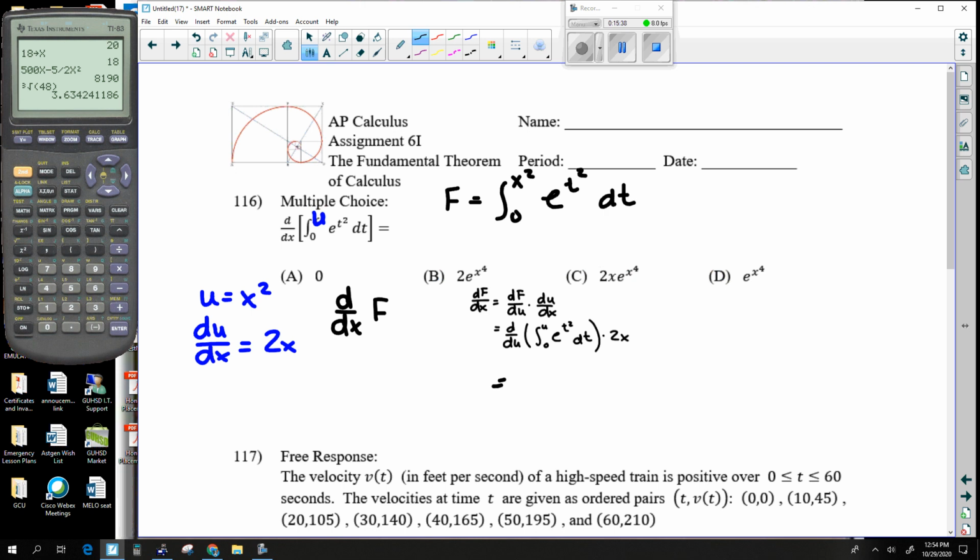Okay, so this is just replacement of u, so it's e to the u squared times 2x. U being x squared, so u squared is x to the fourth. So the answer is e to the x to the fourth times 2x.